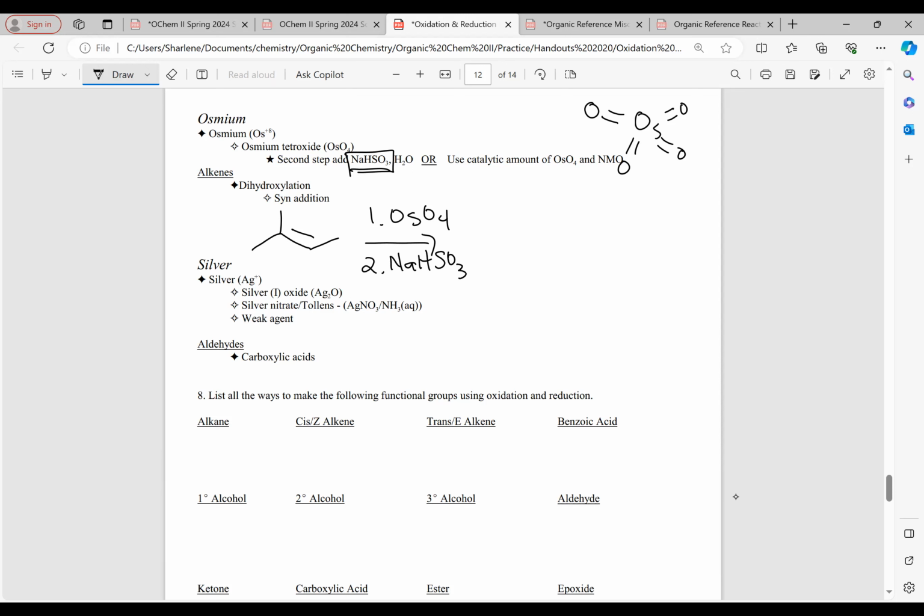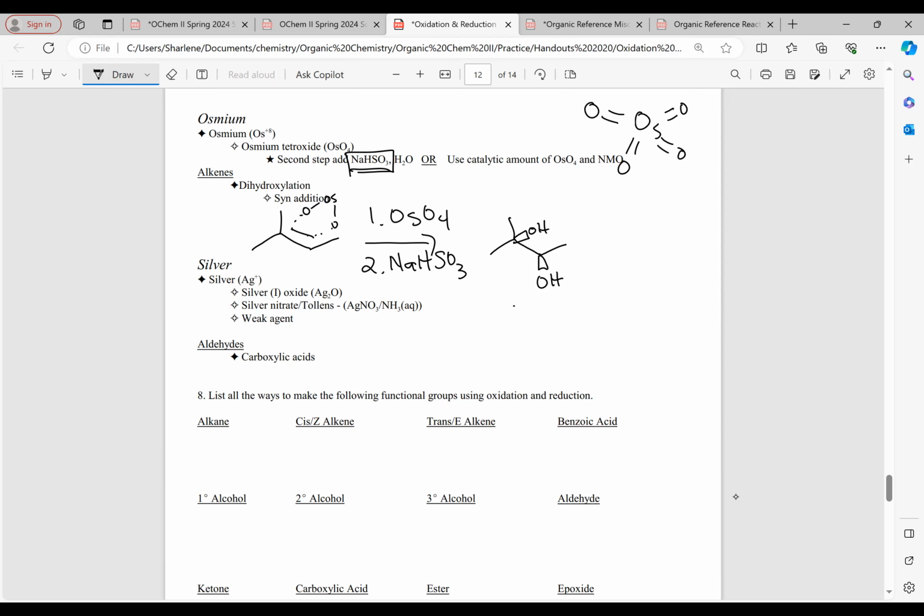So it's going to add on just like before. Let's see. There's going to be a little cyclic action going there. And so that's the stage that it'll stop at.